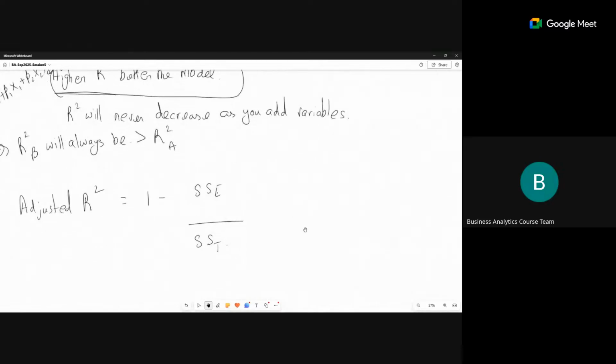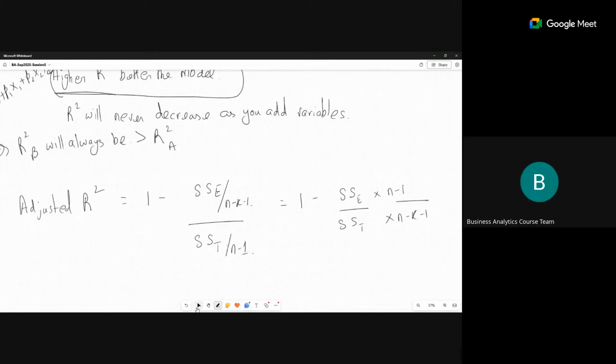Now the adjusted R squared is going to be equal to 1 minus SSE divided by its degrees of freedom, n minus k minus 1, divided by SST divided by n minus 1, which basically translates to 1 minus SSE into n minus 1 by SST into n minus k minus 1.